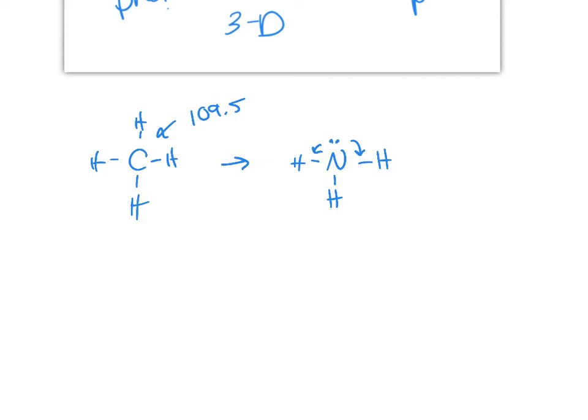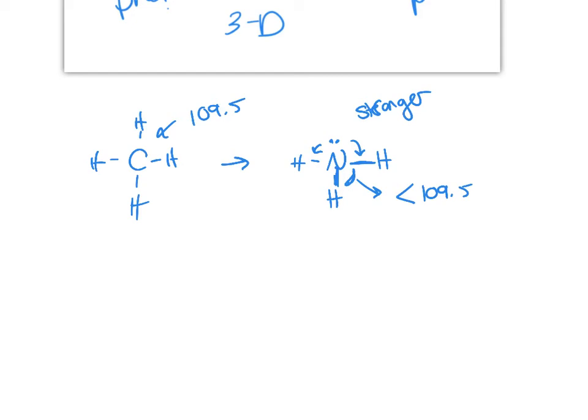They're just a little bit stronger. So this bond right here is technically 107.8 or 107.5, depending on what source you're looking at. I don't need you to know that specific number. I just need you to know that it is less than 109.5, okay?